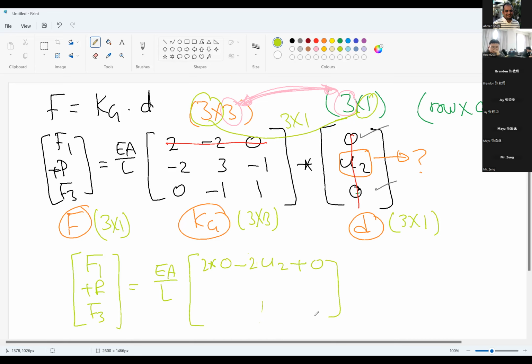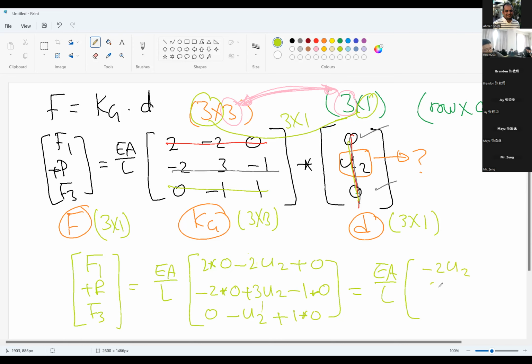Second, we have negative 2 times 0, because we are multiplying row 2 times the column, plus 3U2 minus 1 times 0. The third is 0 minus U2 plus 1 times 0. So the final result is EA by L times negative 2U2, 3U2, and negative U2.